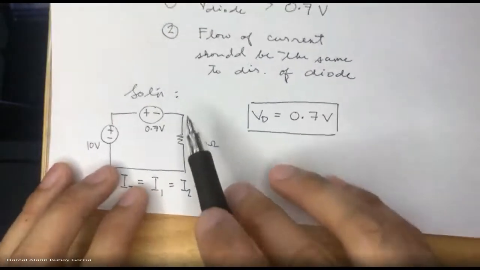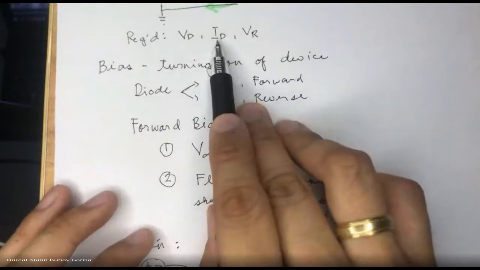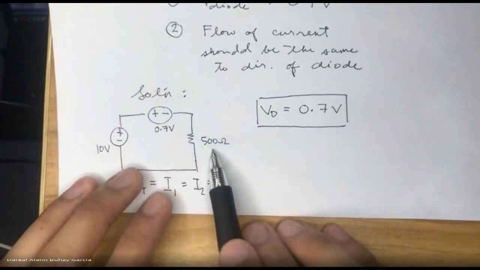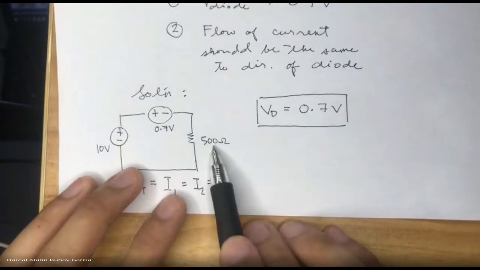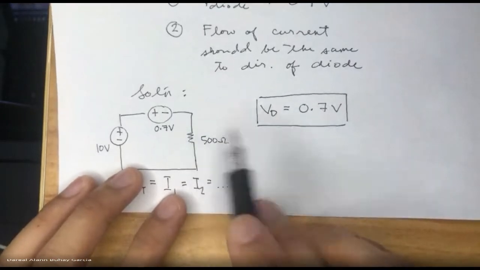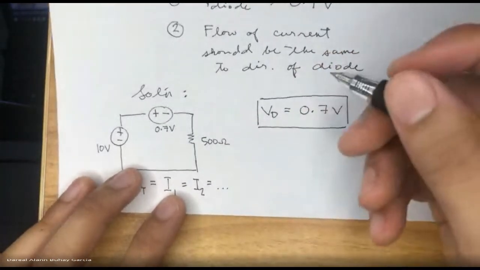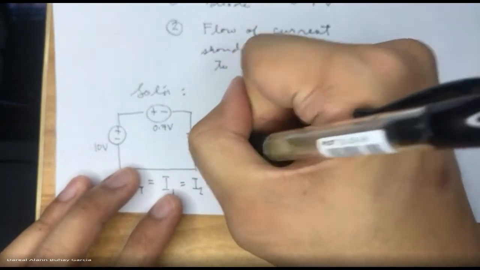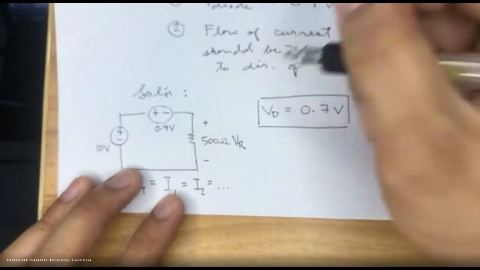We can't know directly what is the value of the current sa atong diode, but we can solve for the current of the resistor, but not directly, kay wala kumantay voltage drop ni resistor.